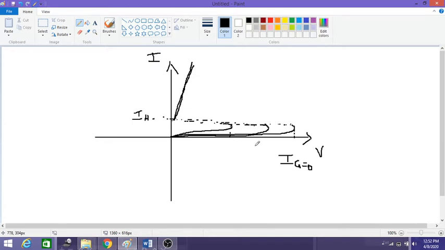So this is for say IG1, this is for IG2. So IG1 and IG2 are the higher gate currents. Okay, so this is how the characteristic graph looks like.